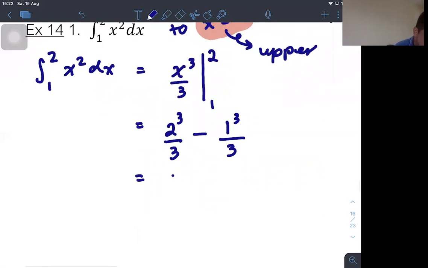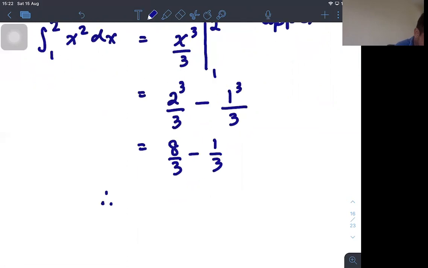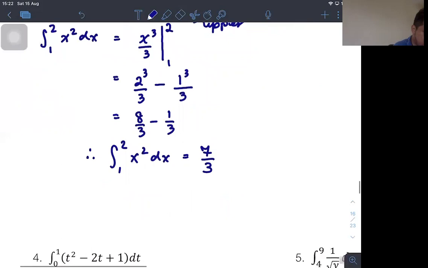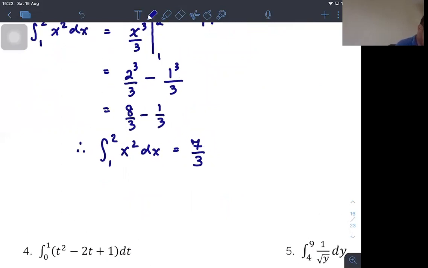So that I have 8 thirds minus 1 third. So the answer is the integral of x squared dx from 1 to 2 is 7 over 3, or 7 thirds. So you should get a number as the result for this.